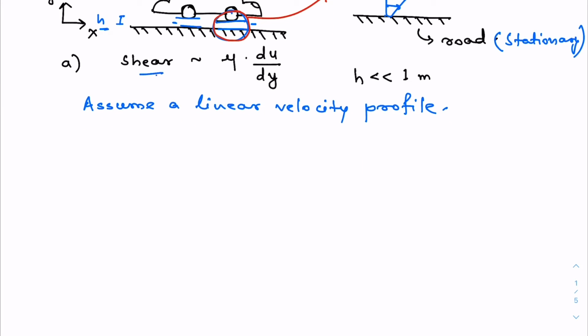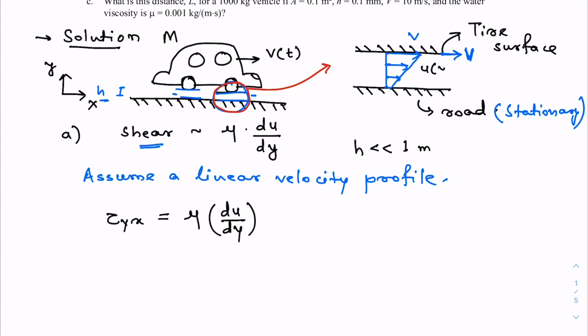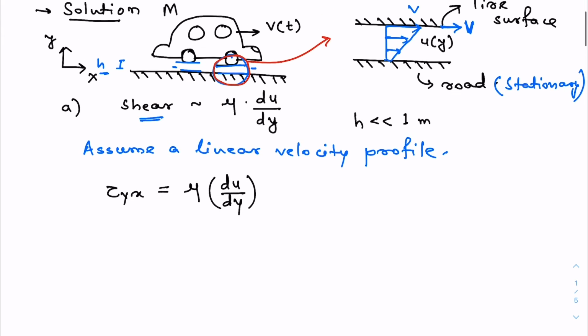By the choice of our coordinate system, the shear stress will be tau yx, and it will be given by mu times the velocity gradient du by dy. The velocity here is a function of y. Since the velocity profile is linear, it is given as v times y by small h.